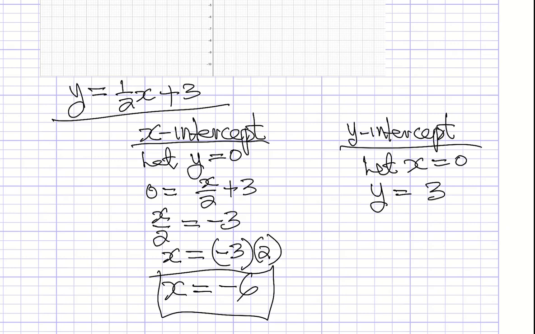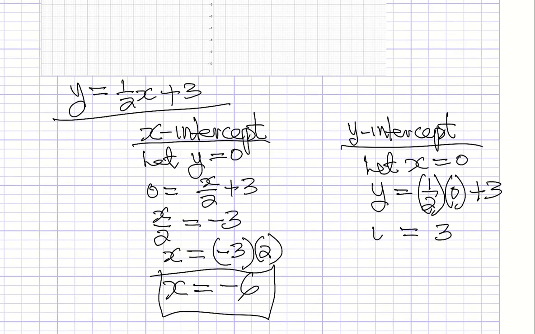Because when you say x equals 0, then you have half times 0, plus 3, and that will be equal to 3. Okay, so y equals 3 is the y-intercept.